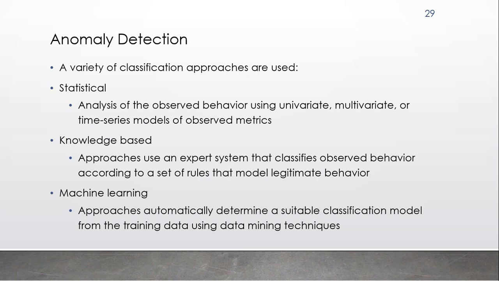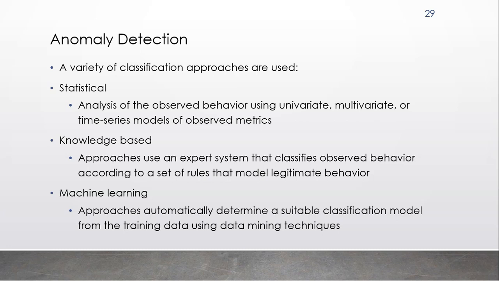Once this model exists, current observed behavior is compared with the model in order to classify it as legitimate or anomalous activity in a detection phase. There are two key issues that affect the relative performance of these alternatives: efficiency and cost of the detection phase.